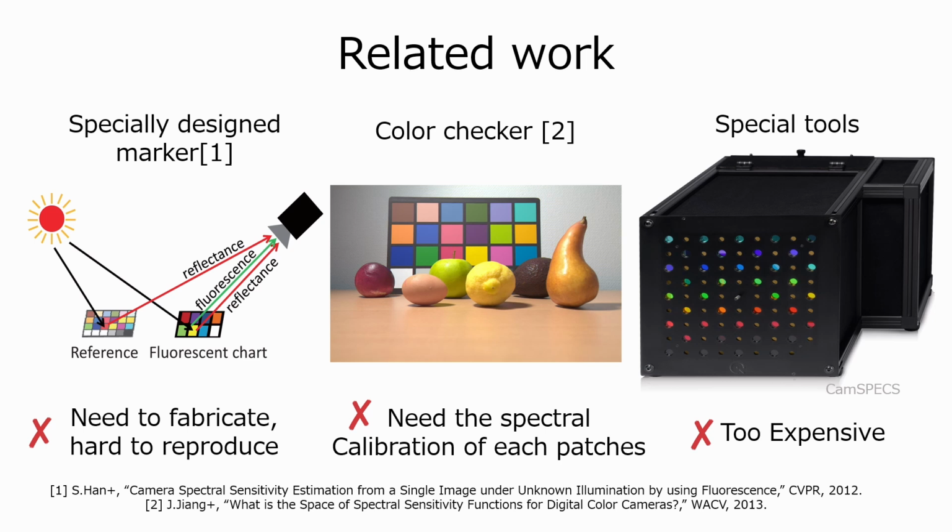Although these are more accessible than specially designed markers, it is necessary to measure the spectral data of each color patch, which can be costly and labor-intensive. Finally, there are specialized measurement devices, which we also use to obtain ground truth data. However, these devices are extremely expensive and are not practical for widespread use.